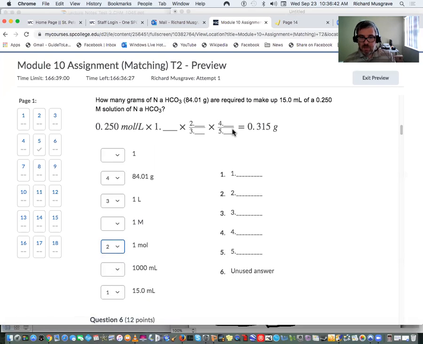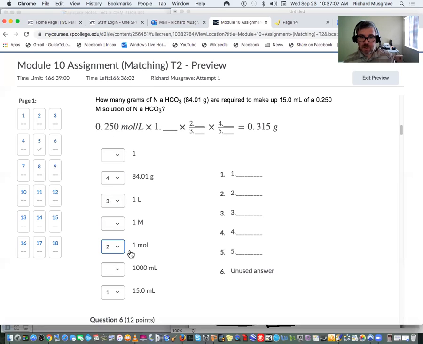And then the 5 would have to be the 1 mole. Hang on, let me see. What have we got? No, not 1 mole up here. Number 2 is 1 liter, sorry, it's 1 liter, 1,000. Now I've confused myself here. Sorry about that. Now that's the liter conversion.